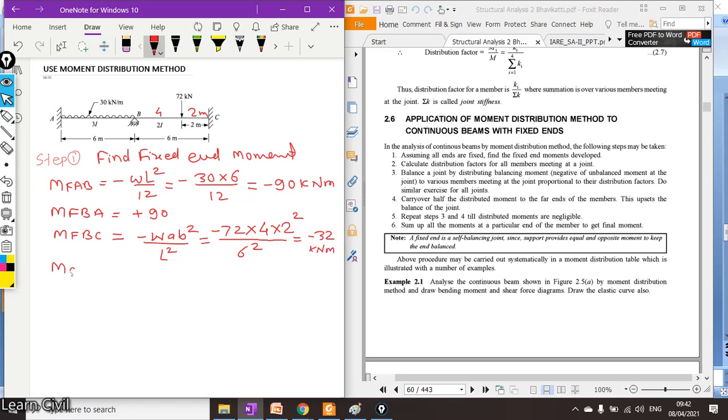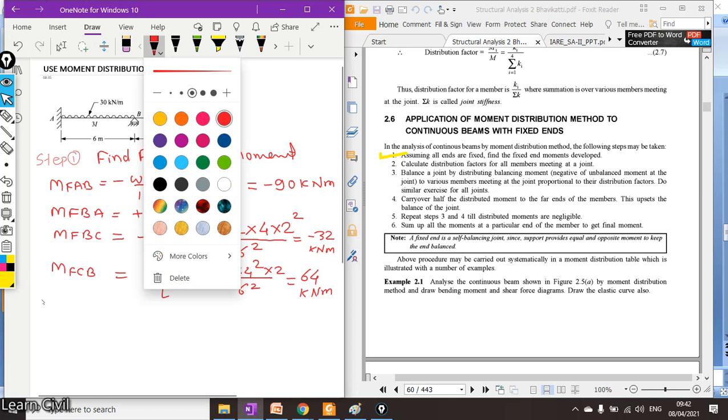And MFCB, the formula is A square B divided by L square. So this is 72 into 4 square into 2 divided by 6 square, equal to 64 kilonewton meter. So this is step number 1, assuming all the ends fixed, calculate the fixed end moment developed.